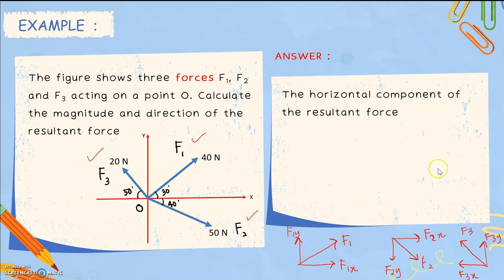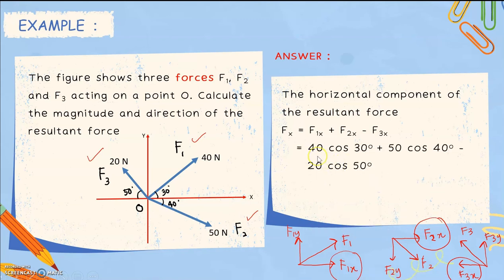For the horizontal component of the resultant force, we can write Fx equals F1x plus F2x minus F3x. F1x has a positive sign because it is on the positive side, and F2x is also on the positive side, and we subtract F3x because F3x is on the negative side.